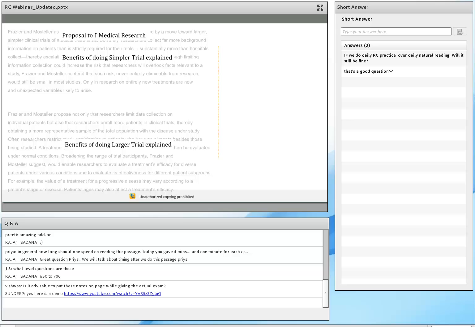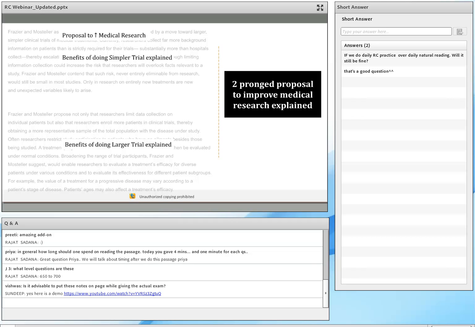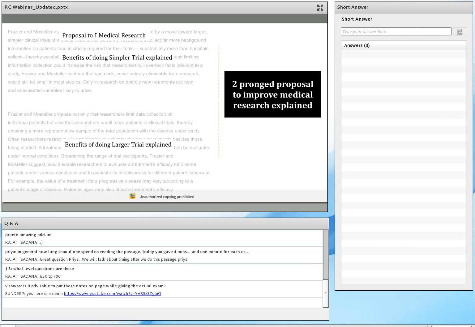One is benefits of a simpler trial. The second is benefits of a longer trial. So essentially, my pre-thinking here is I have a two-pronged approach to improve medical research. Those approaches are explained. Can you see this pre-thinking, and can you really see it's fairly simple to come up with?